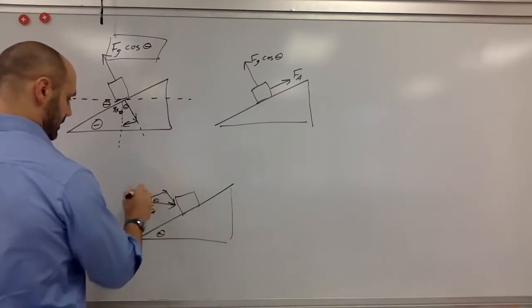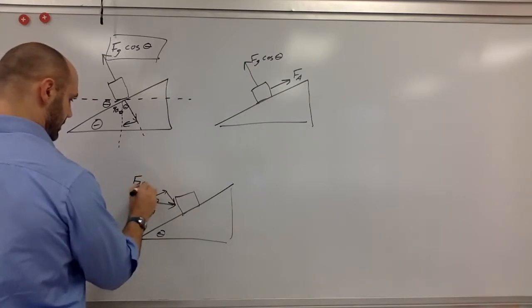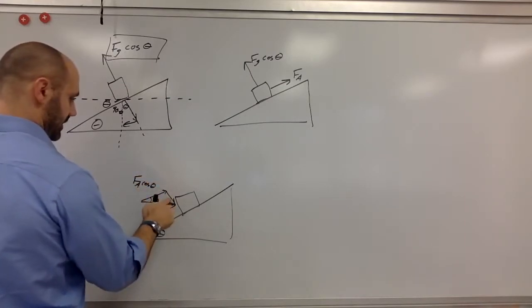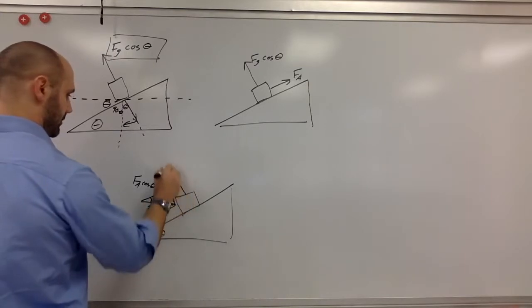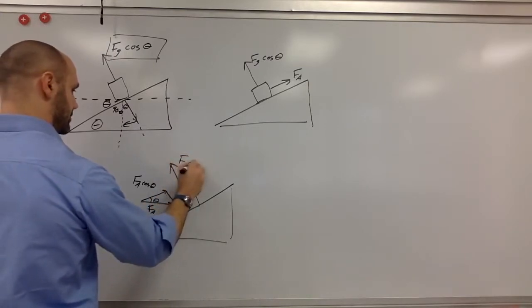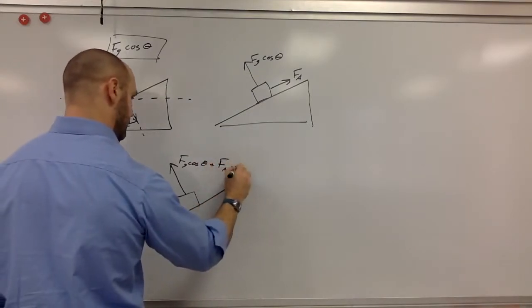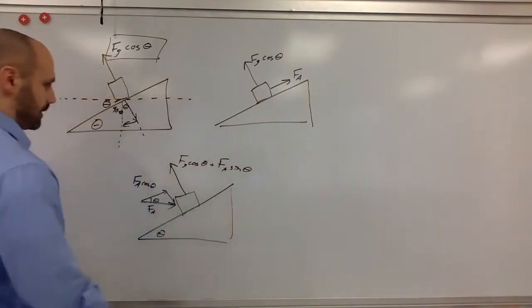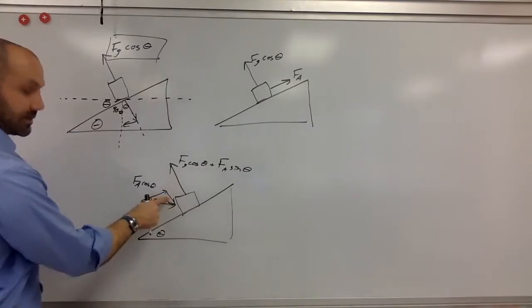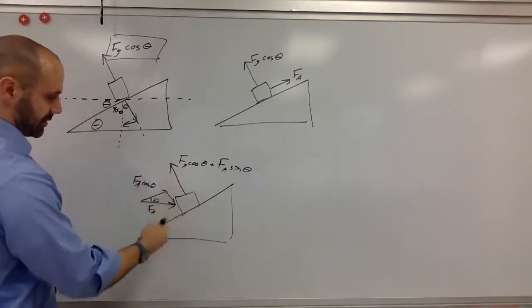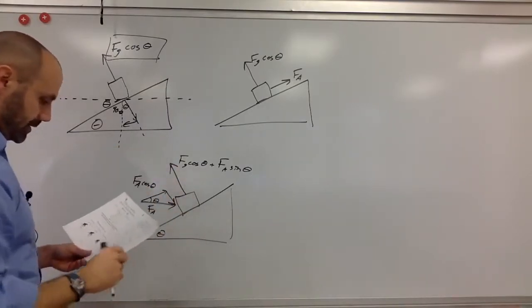So this one is Fa cosine theta, and this is Fa sine theta. That means the normal force has got to be Fg cosine theta plus Fa sine theta, because Fa sine theta is the component that's pushing into the surface. So the surface has to work against that.